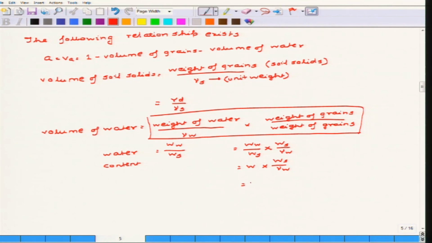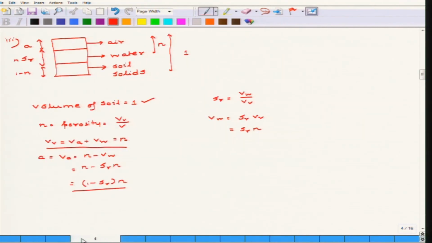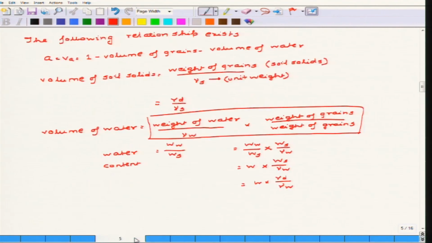Now WS, or the weight of the soil solids, as I have said previously, is again gamma D, because the soil solids only is present, because we consider the unit volume, the volume of the entire mass to be 1, and then gamma D can be written as weight of soil solids by volume of the entire mass.